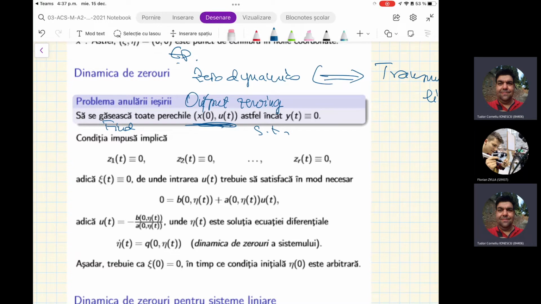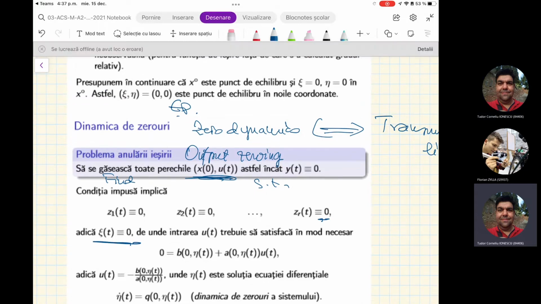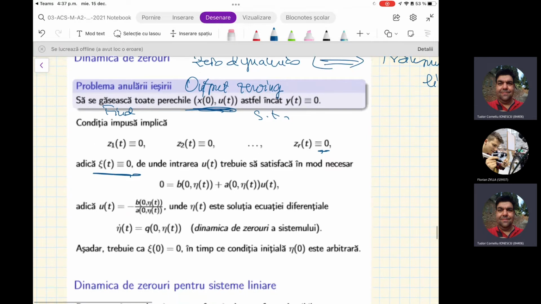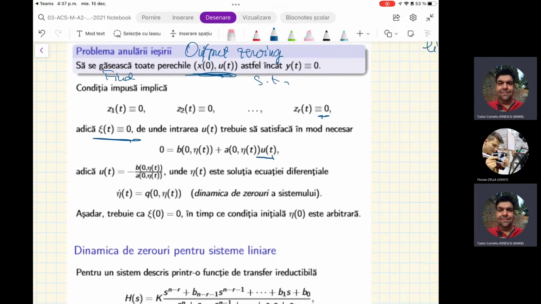This condition implies that z1 is 0, z2 is 0, up to zr equal to 0. So psi(t) equal to 0, because this is the partitioning of the state we have already done. And the input u has to satisfy necessarily this condition, because zr is also equal to 0, if you remember.